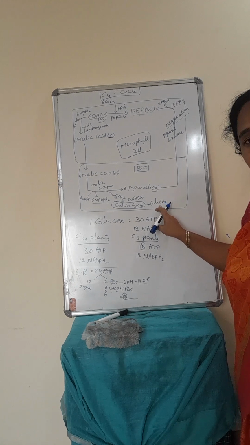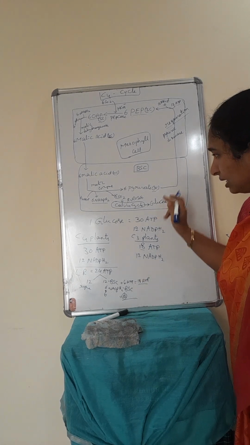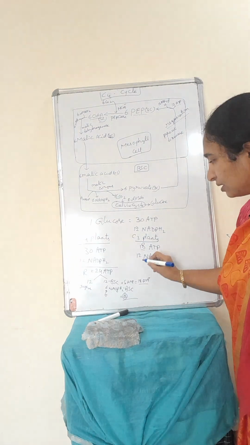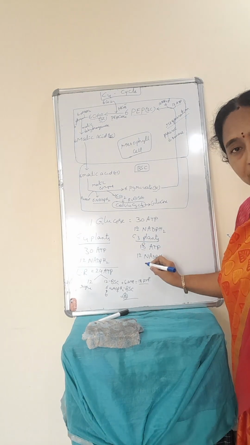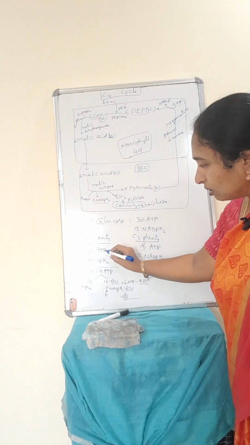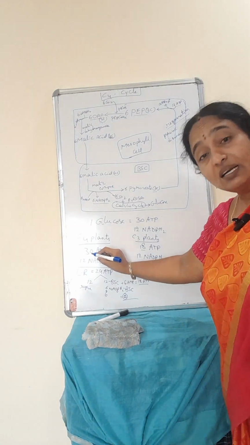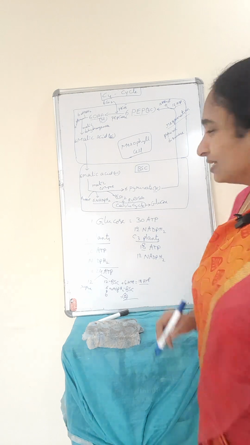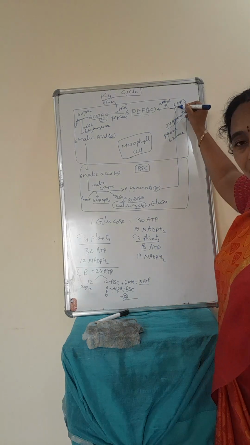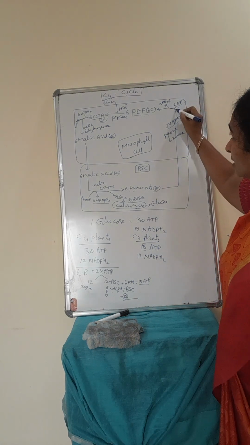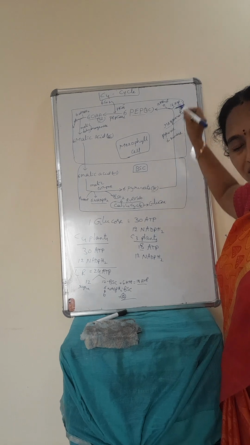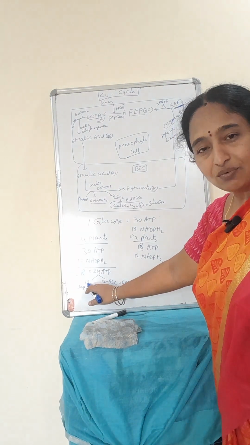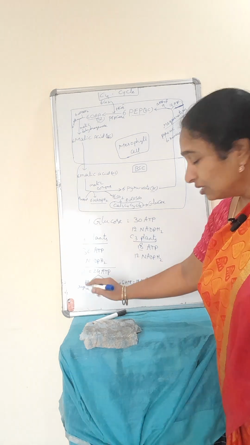In the Calvin cycle of C4 plants, 18 ATP and 12 NADPH2 are utilized. But for one glucose we need 30 ATP molecules, so where are the other 12 ATP utilized? That comes back to the regeneration process, where 12 ATP molecules were used.